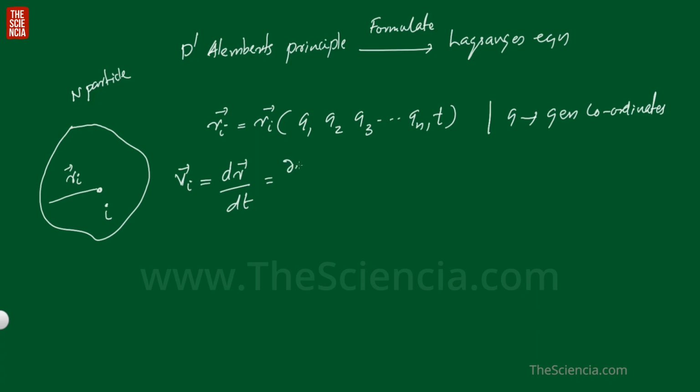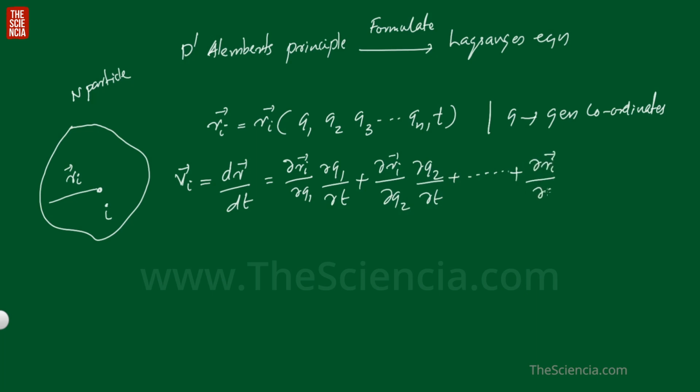That is dou Ri by dou q1 into dou q1 by dou t, plus dou Ri by dou q2 into dou q2 by dou t, plus etc., plus dou Ri by dou qn into dou qn by dou t, plus the last term, that is dou Ri by dou t.